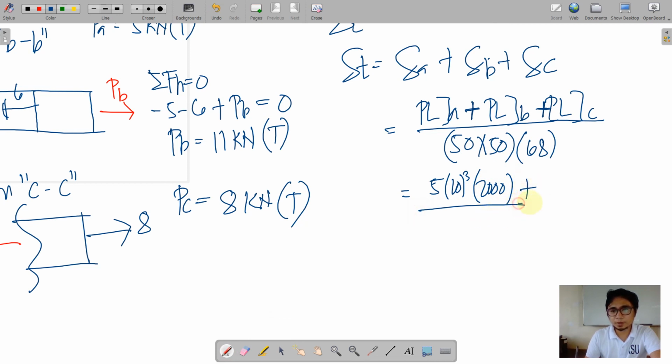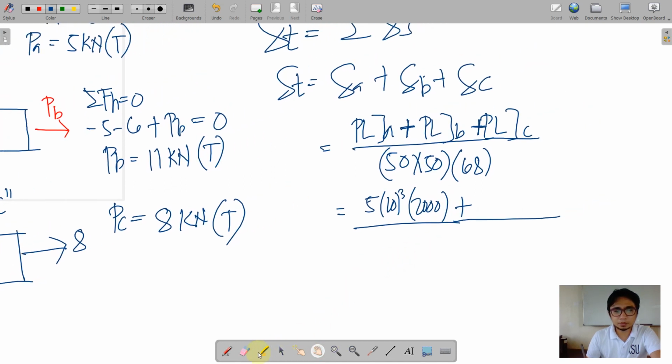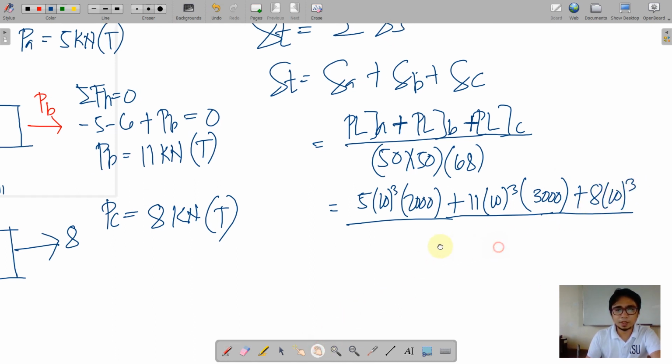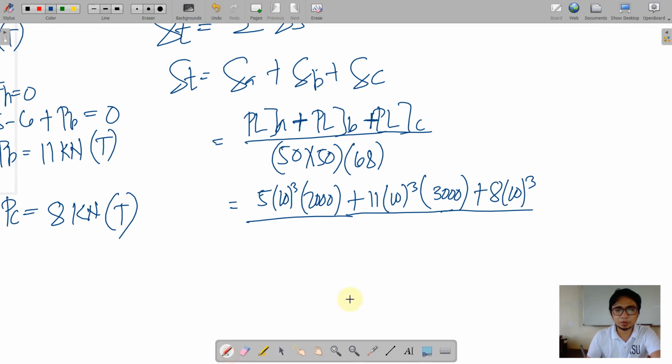plus 11,000, or 11 times 1000, times the length which is 3000, plus 8 times 1000 multiplied by the length, which is 1500.